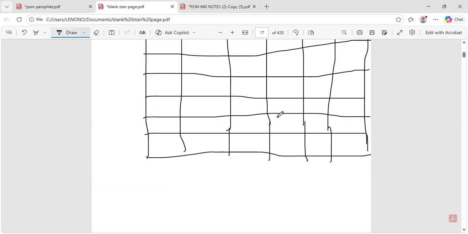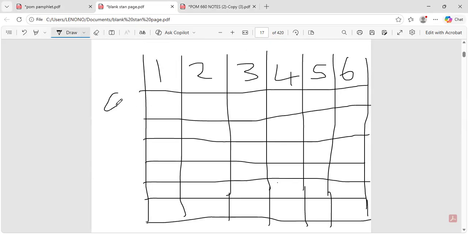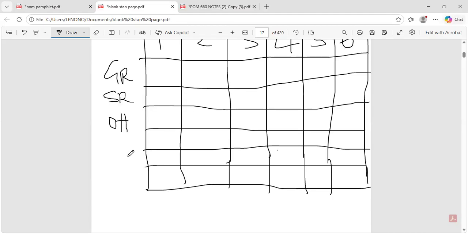For this one, you're going to have the gross requirements, scheduled receipts, on hand, net requirements, planned order receipt, then planned order release.